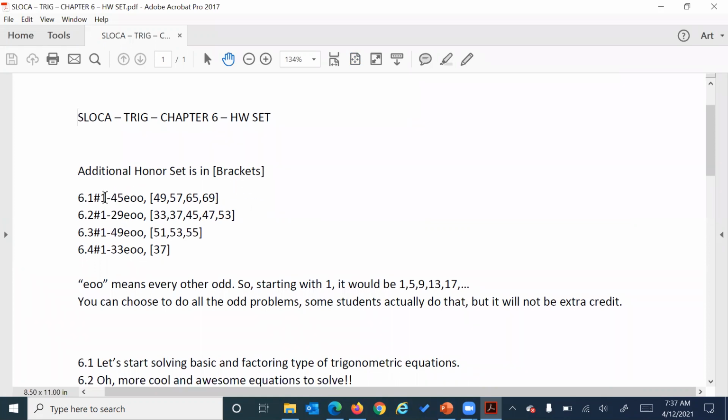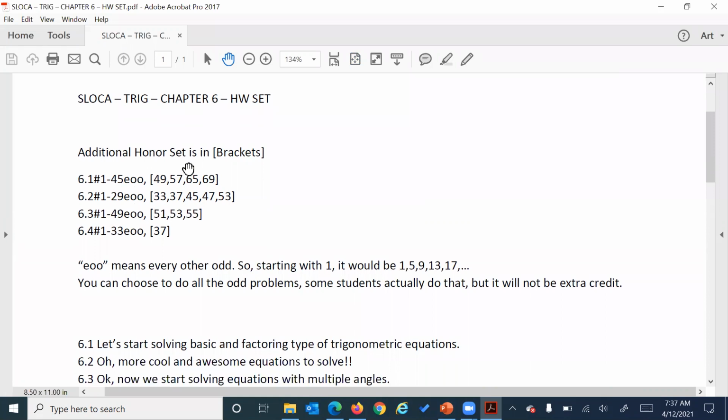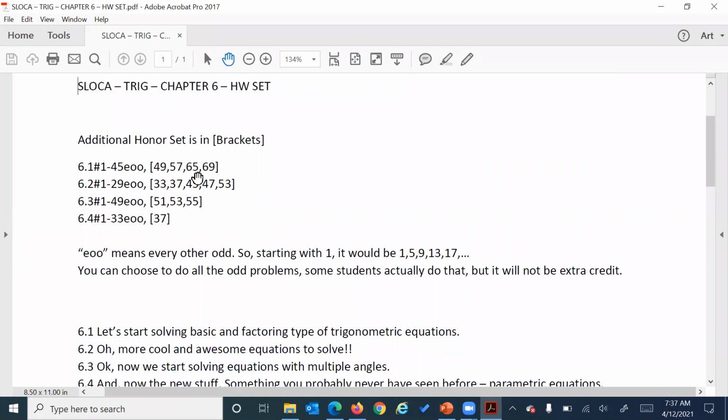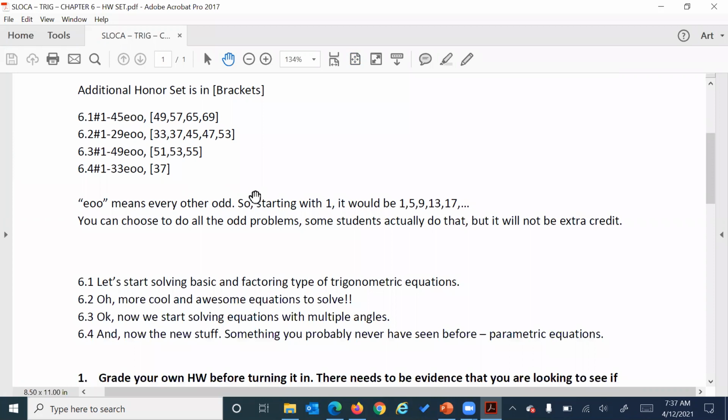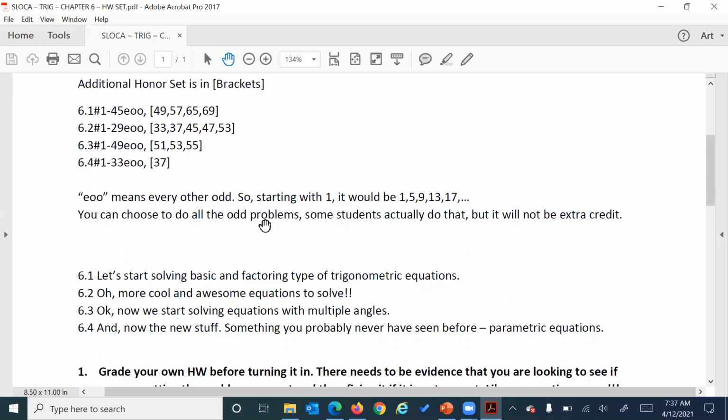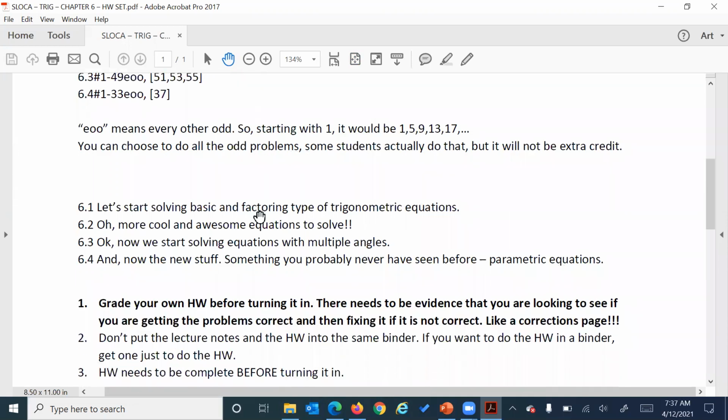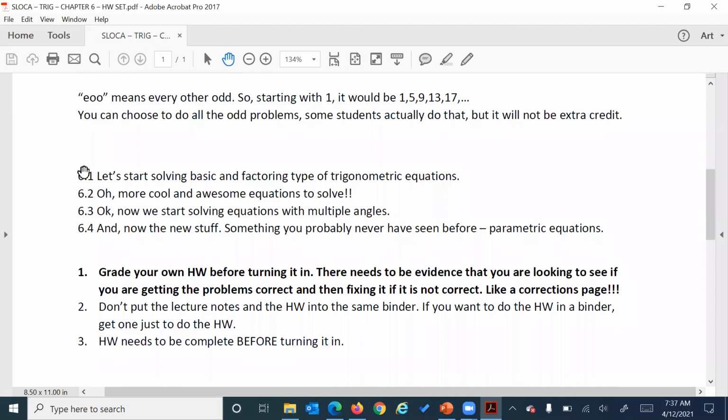Okay, so let's go with it. 1 through 45 is the homework sheet. This is the honor section right here. You can read that. I delineated even the numbers just in case. And then some people have chosen to do all the odd problems for some reason. I'm not sure why, but they'll not be given extra credit. So let's go with it.